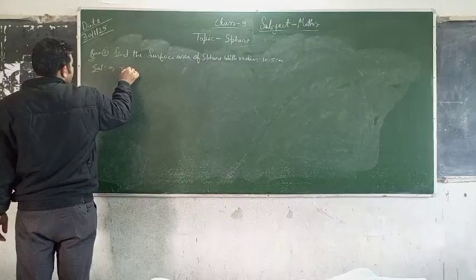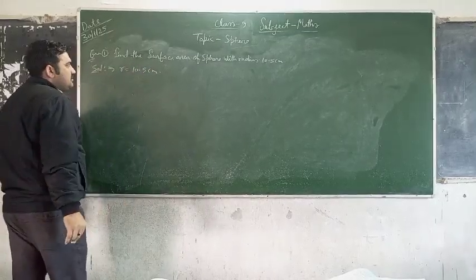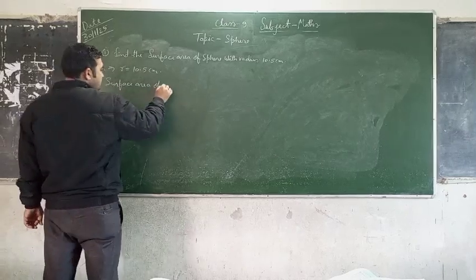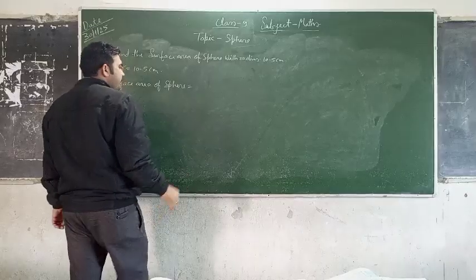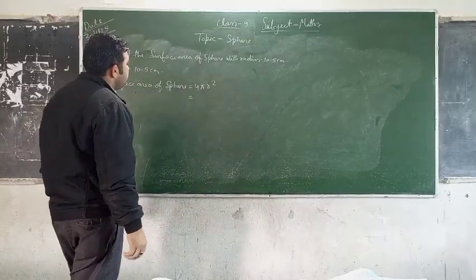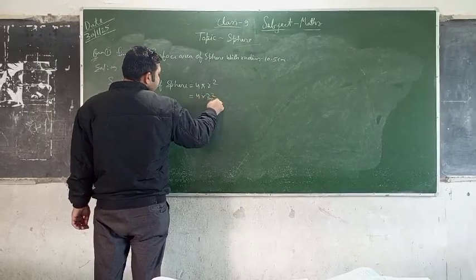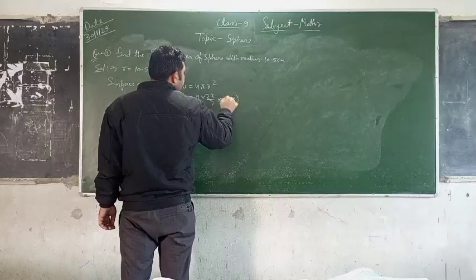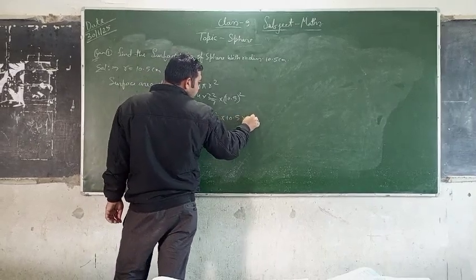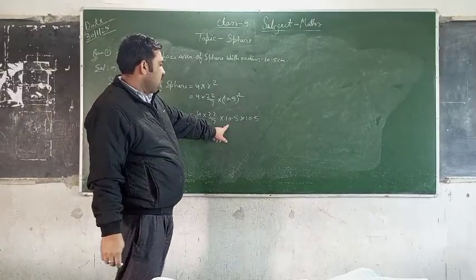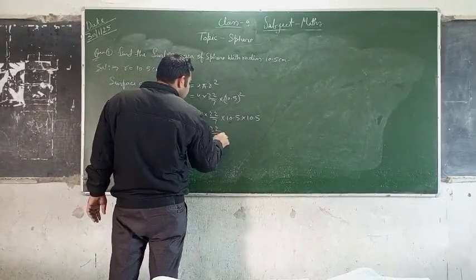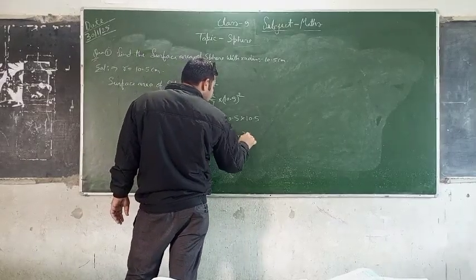Solution: r is 10.5 centimeter and surface area of a sphere is equal to 4 pi r square, and using pi is 22 by 7, 4 into 22 by 7 into 10.5 whole square. 10.5 is half of 21, so this is 4 into 22 by 7 into 21 by 2 into 21 by 2.